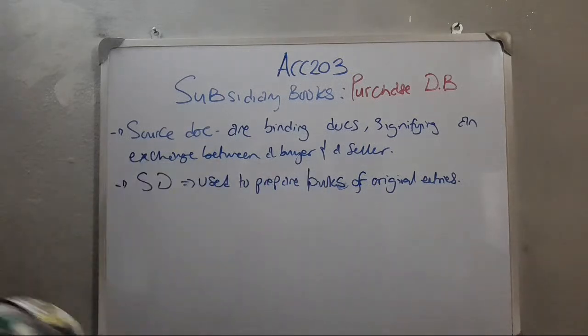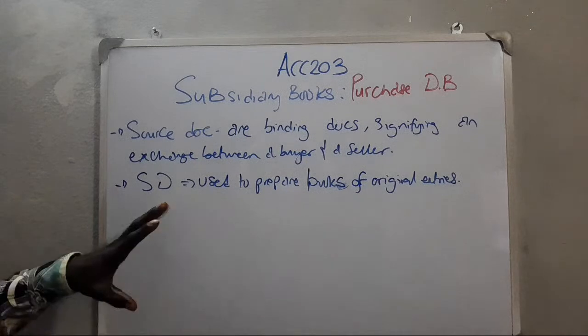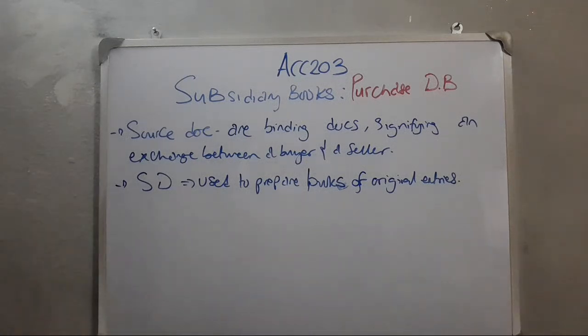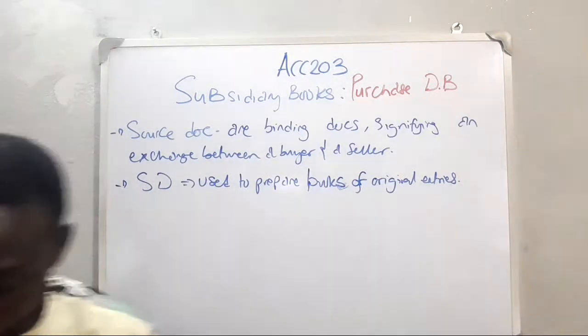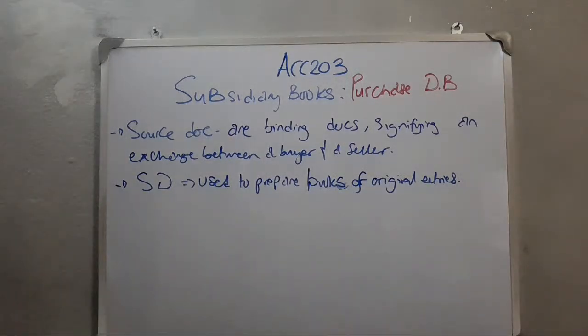The purchase day book or purchase journal is said to be the invoice exchanged between a buyer and a seller of goods, or when a service is being rendered. That invoice given to a buyer or a seller is what is used as a source document for recording in the purchase day book. I don't know if we get that.